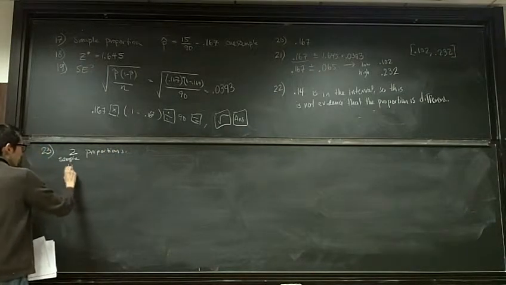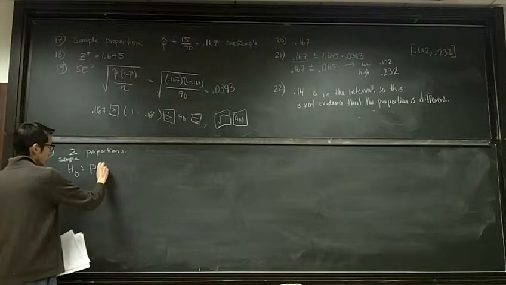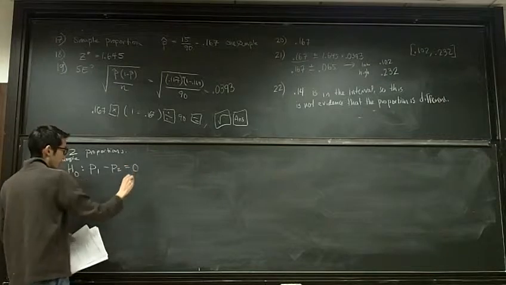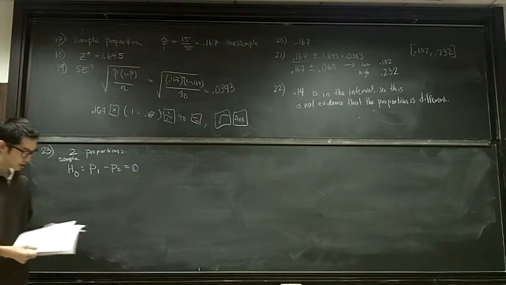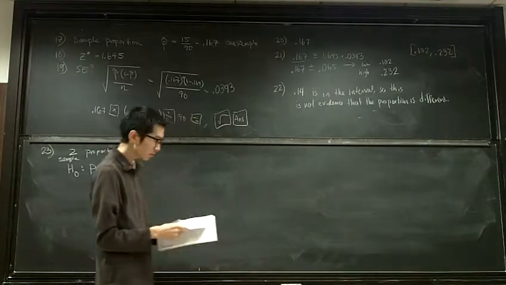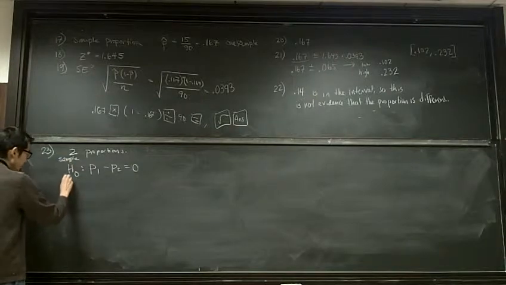My null hypothesis will always be P1 equals P2, or P1 minus P2 equals 0, whenever we have two sample proportions.